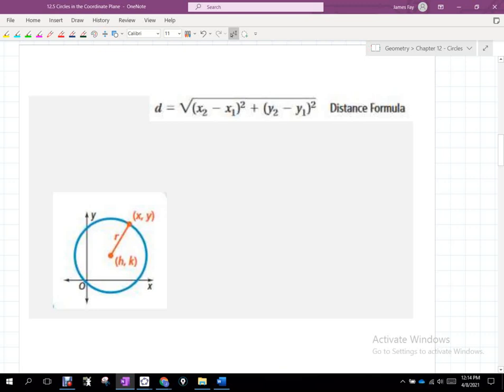If I call this X2, Y2, and this X1, Y1, and where I see X2 I call it X, and where I see X1 I call it H, I would get X2 minus H, that quantity squared, plus Y2 minus K, that quantity squared.